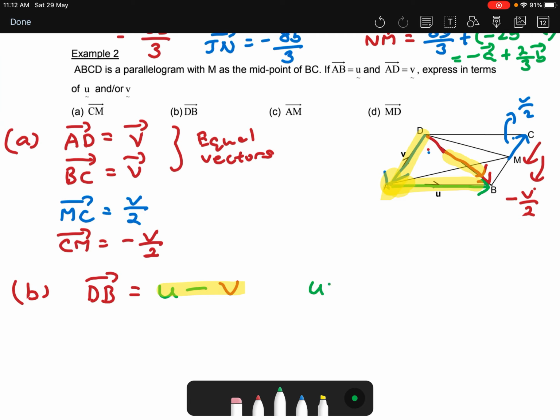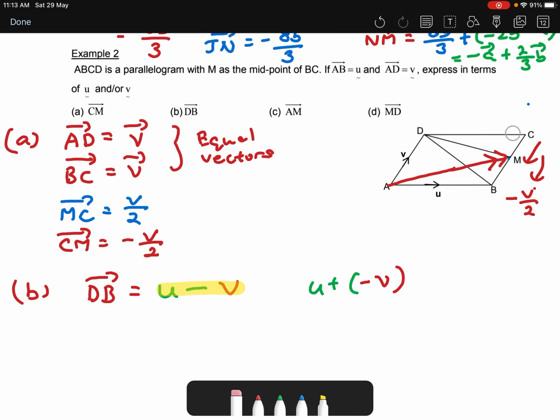Right, U plus negative V. Okay, so C, AM. I want AM, right? So AM is right here. I start from A, go to M. Same thing, I need 2 vectors to help me combine to get my AM.